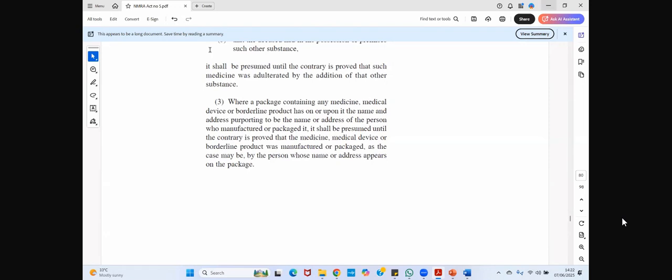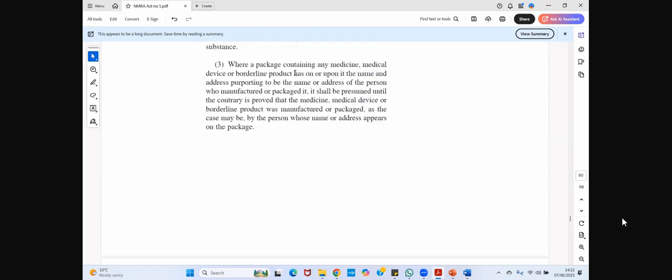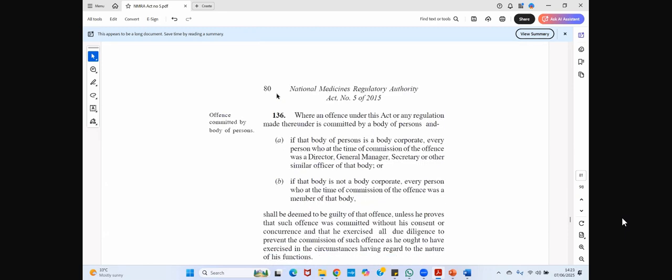Where any package containing any medicine, medical device, or borderline product has on or upon it a name and address purporting to be the name and address of the person who manufactured or packed it, it shall be presumed, until the contrary is proved, that the medicine, medical device, or borderline product was manufactured or packaged, as the case may be, by the person whose name or address appears on the package.